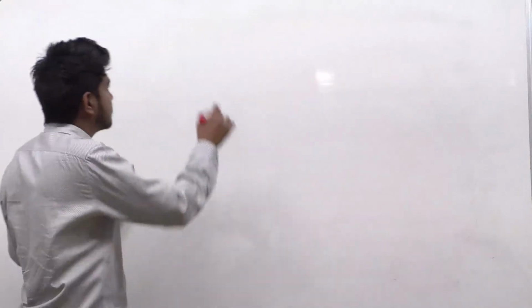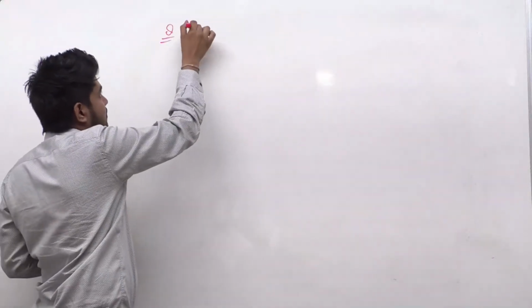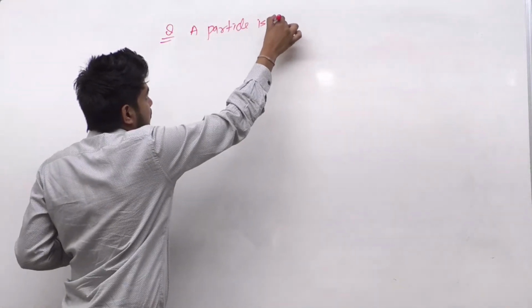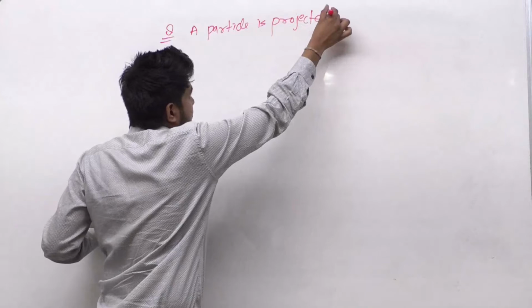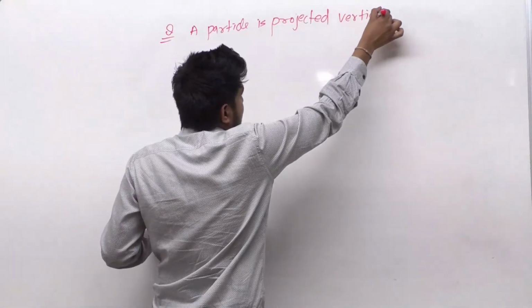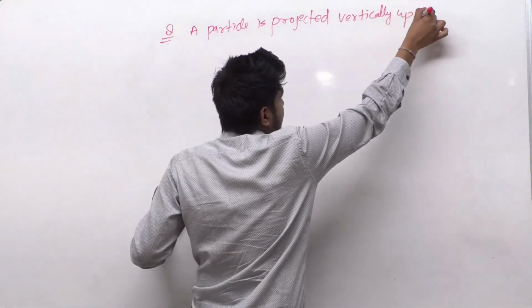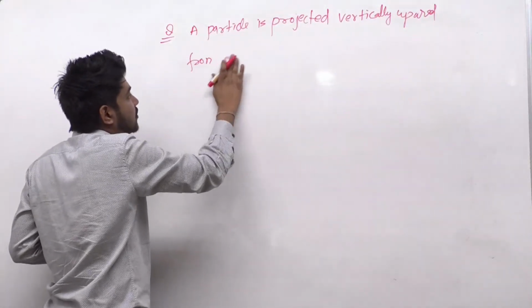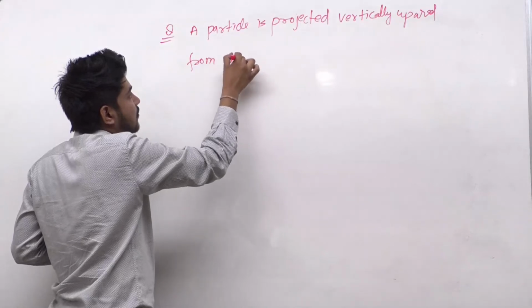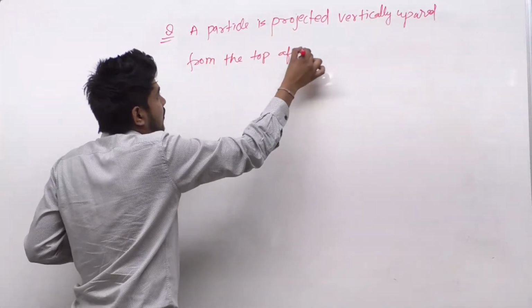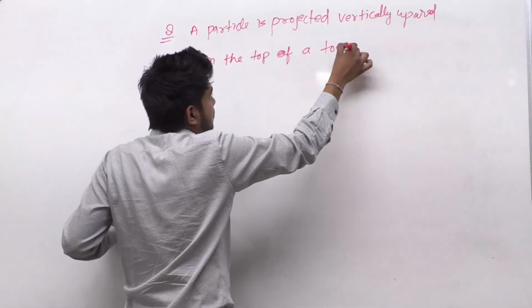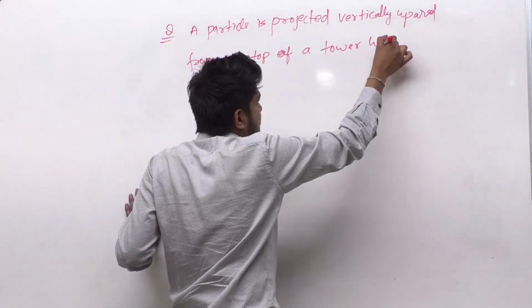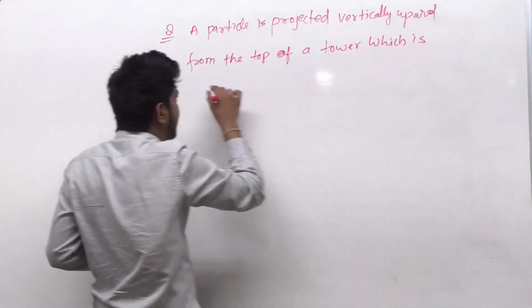So the next question is: a particle is projected vertically upward from the top of a tower which is 100 meter high.